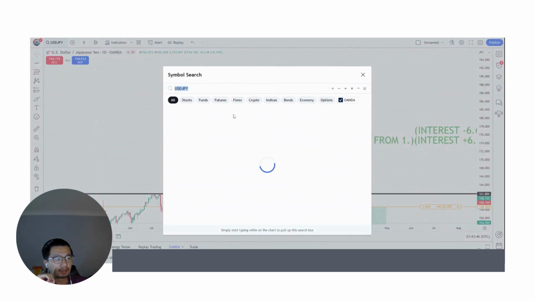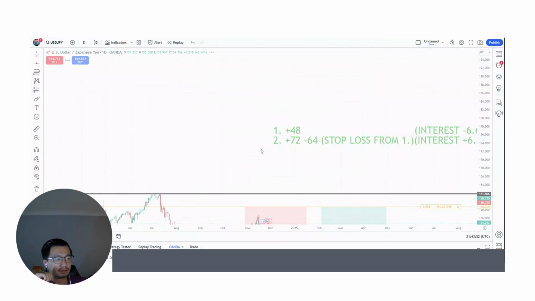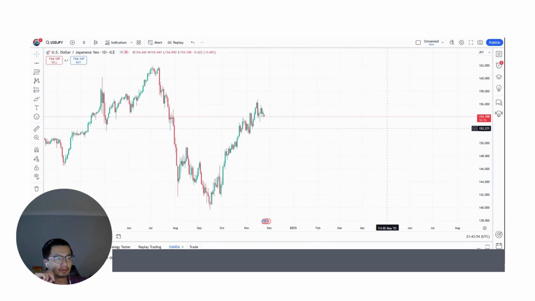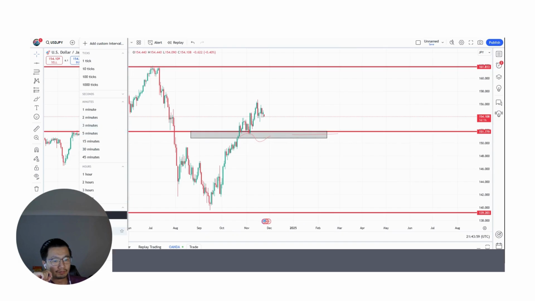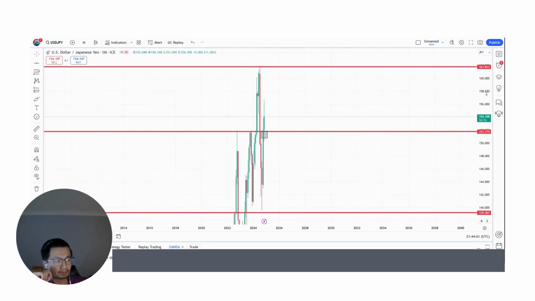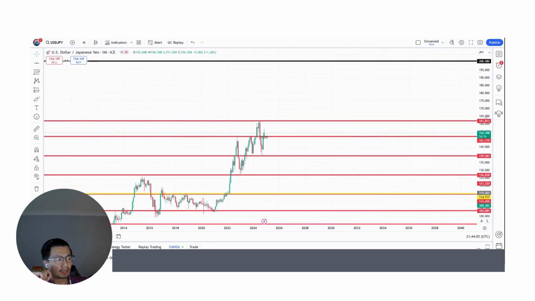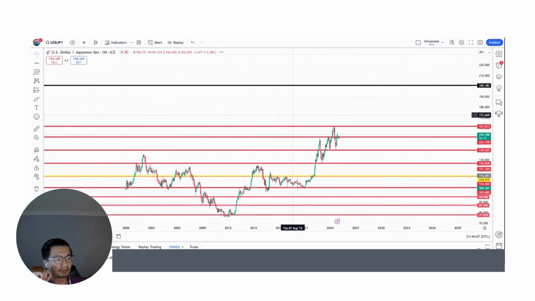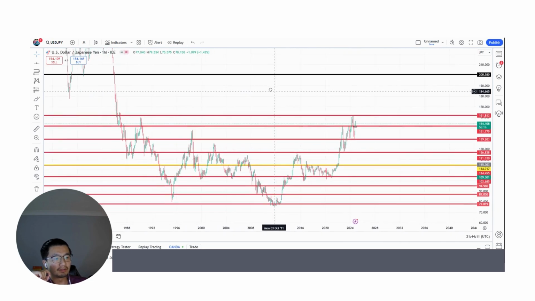So how I choose support and resistance is I go to the ICE chart, and then go to the monthly, and you'll identify a lot of support and resistance levels throughout the years very, very easily.